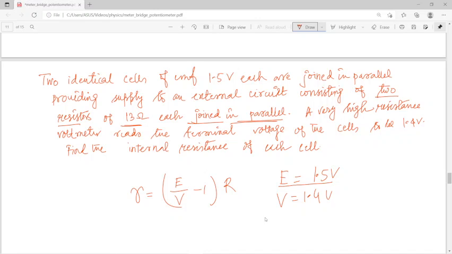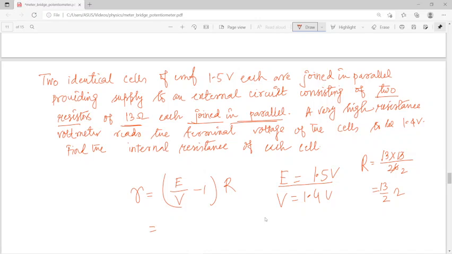If they are joined in parallel, the value of R is 13 times 13 over 13 plus 13, which is nothing but 13 by 2 ohm.